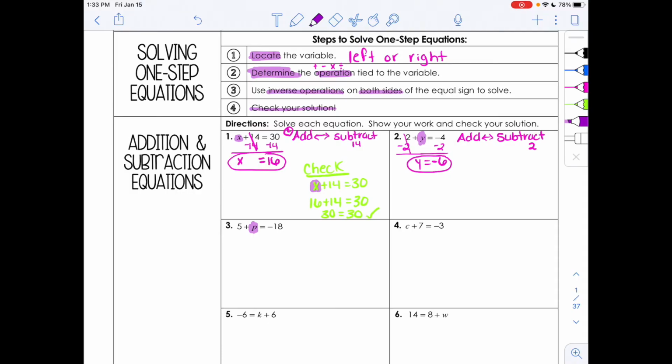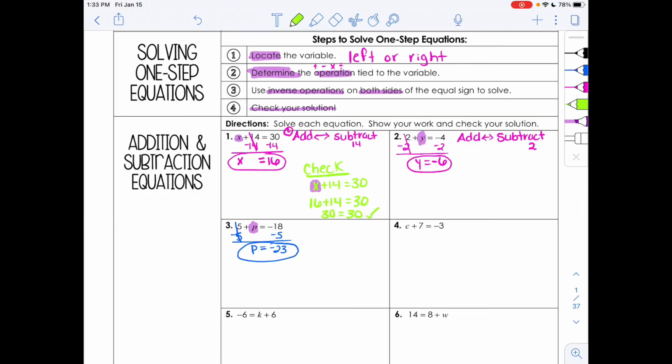So we subtract 5 from both sides. And then 5 minus 5 eliminates. Remember, we just mark it out. We don't put 0. We bring down our variable of p equals negative 18 minus 5. They're both negative, so we're going to add and keep the negative to get negative 23. So we find that p equals negative 23.